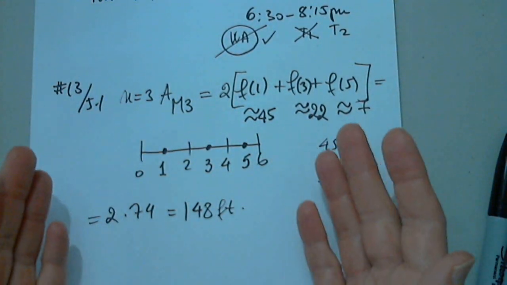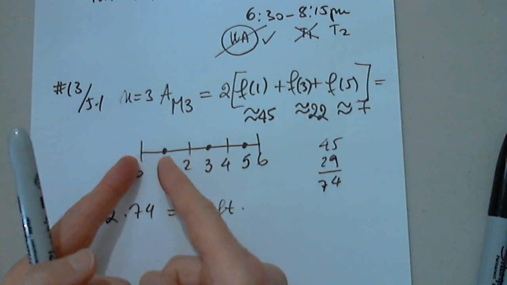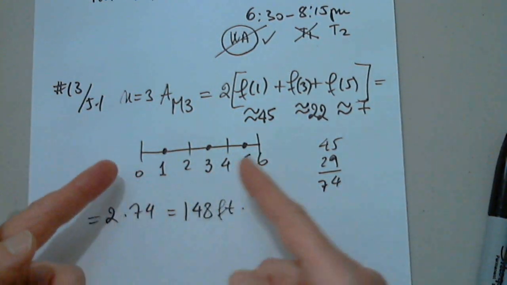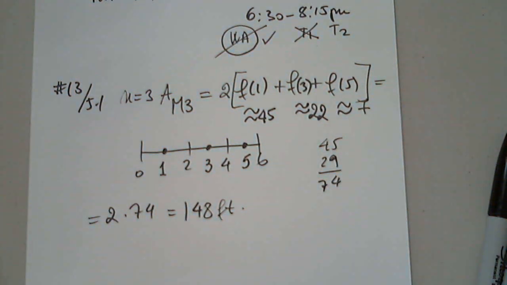Maybe not too bad, but of course if I use 6 subintervals, this will be a better estimate than using 3. But the process is identical. Any questions on this, on how we determined the distance? Any questions?